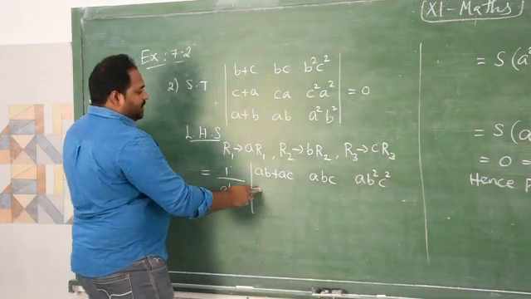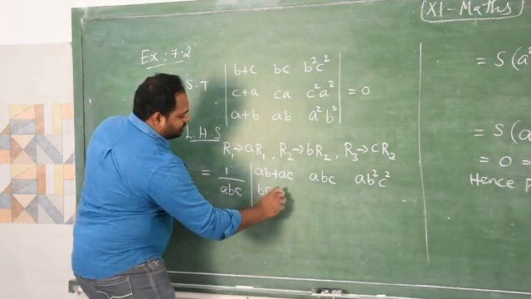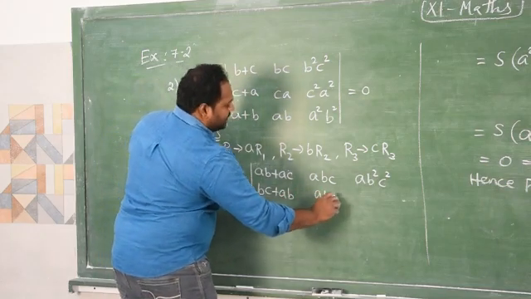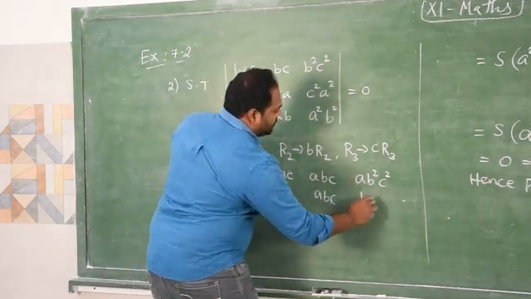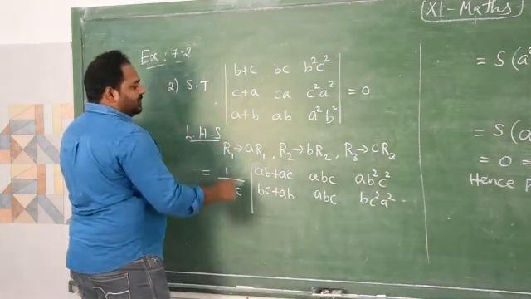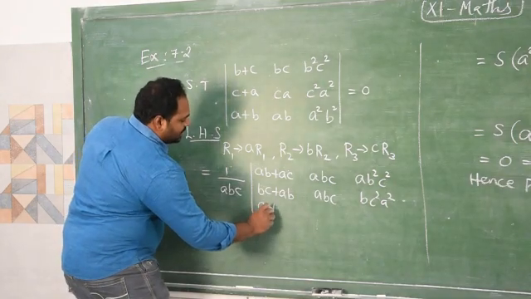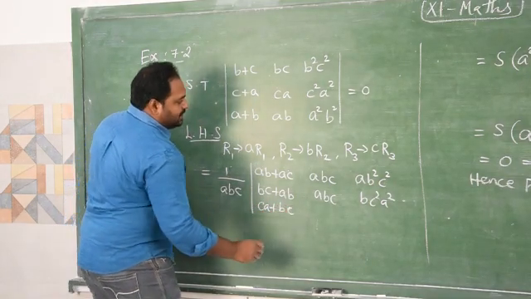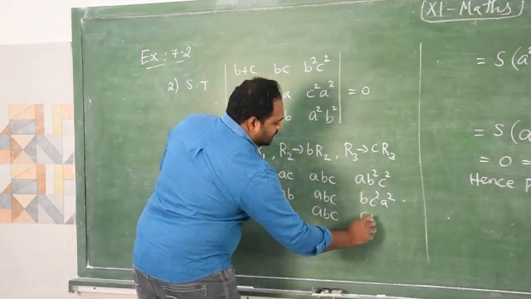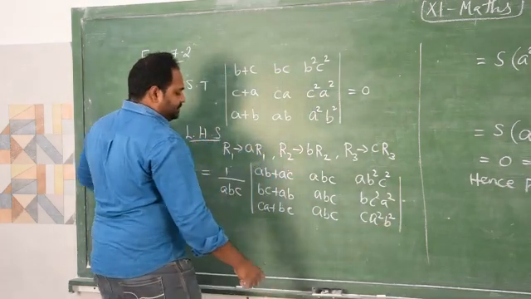Next, the second row with B: BC plus AB, ABC, BC square, A square. Next, the third row with C: CA, BC, ABC, C, A square, B square.